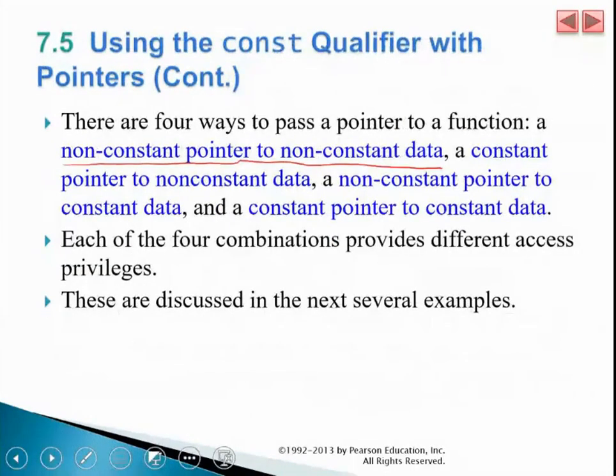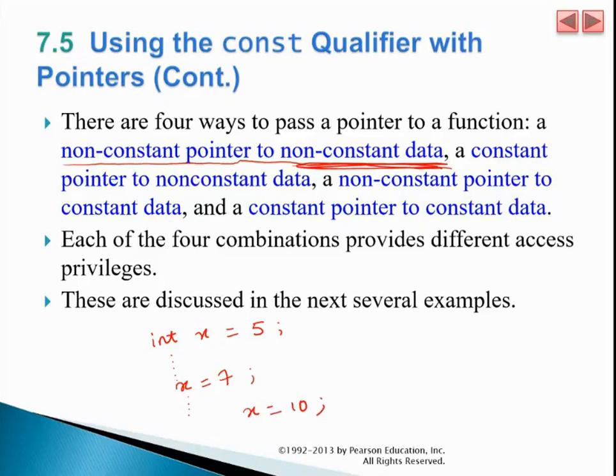So what is non-constant data? If I say int x equal to 5, this is non-constant data, meaning when the program executes, I can change the value of x from 5 to 7. Anywhere in the program, I can still change the value of x.